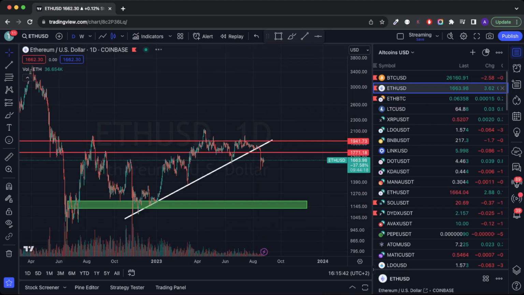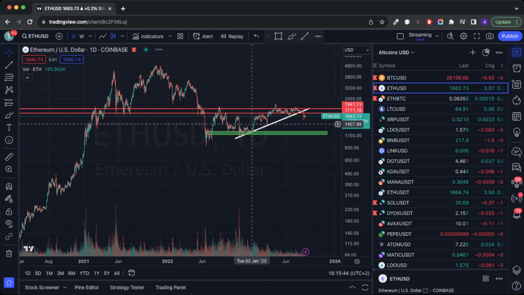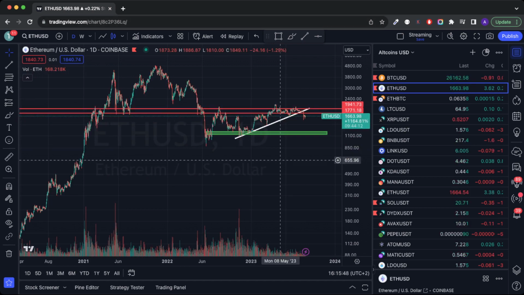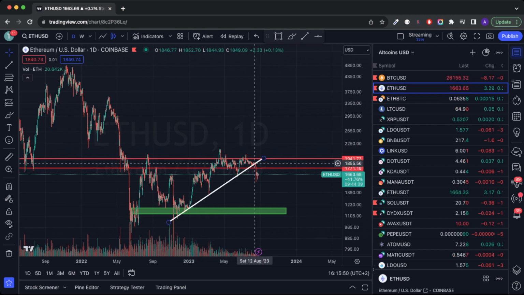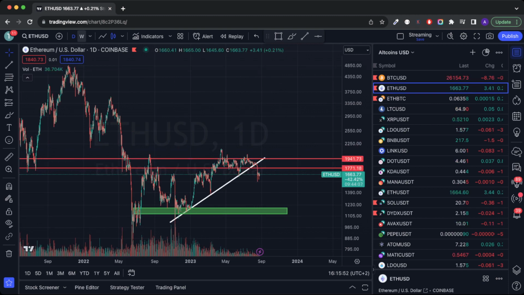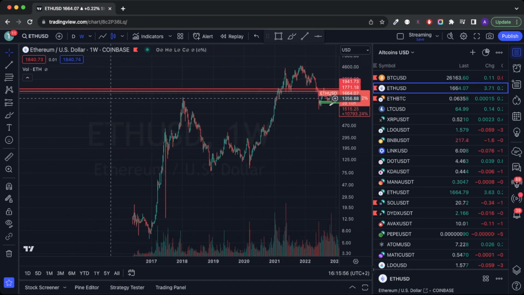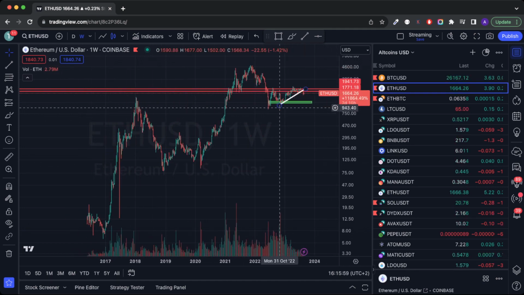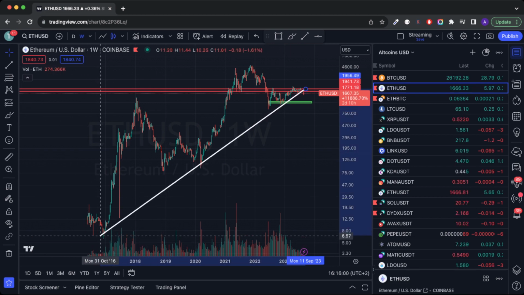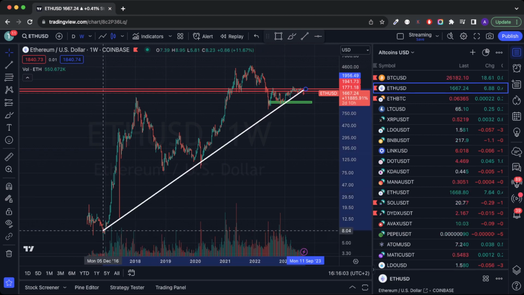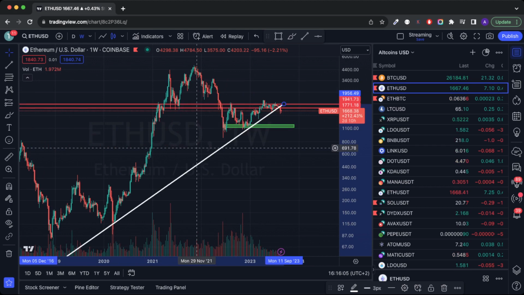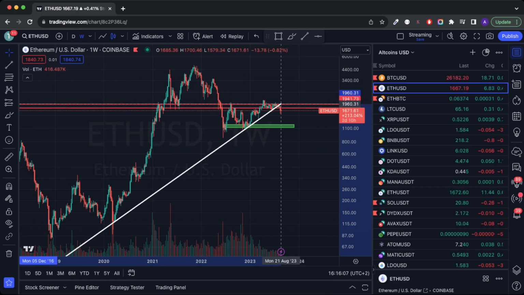Now let's go to Ethereum. So for me, Ethereum is sort of a proxy for alts in general. And as you can see, it also broke the trend. But what I noticed just recently is if we go even further back, you can draw the same trend basically to the beginning on a weekly chart like this.